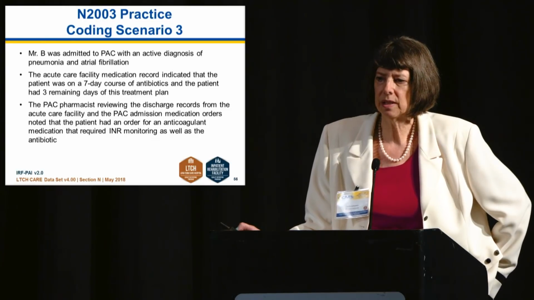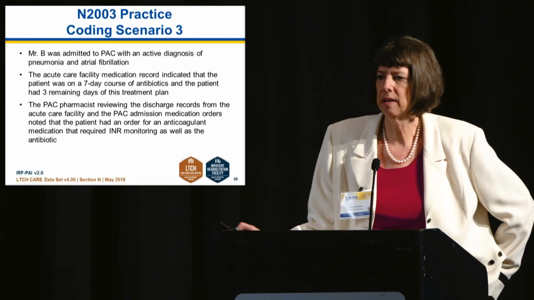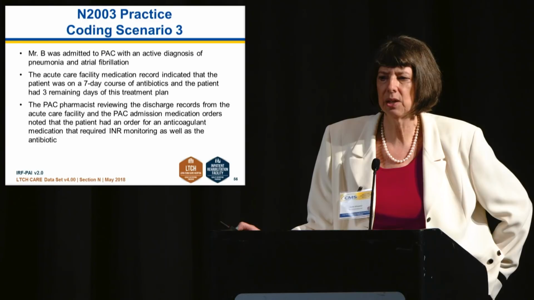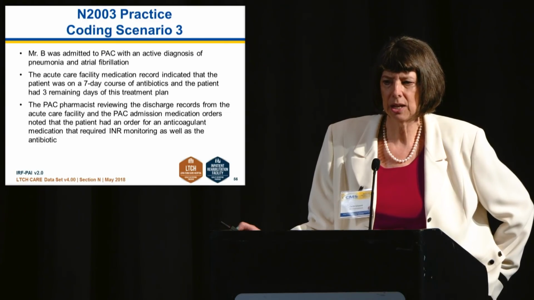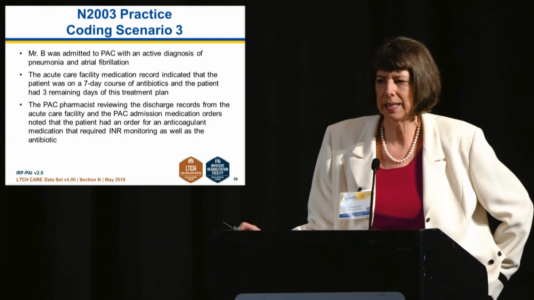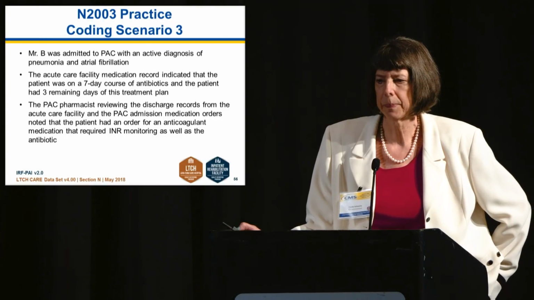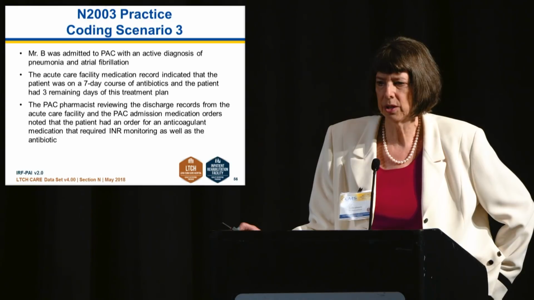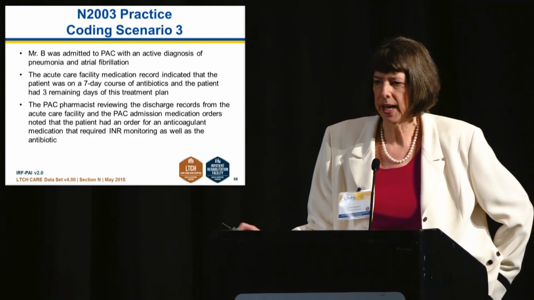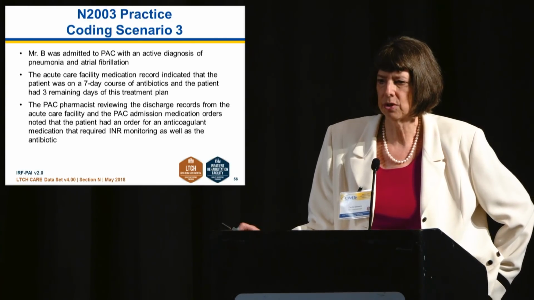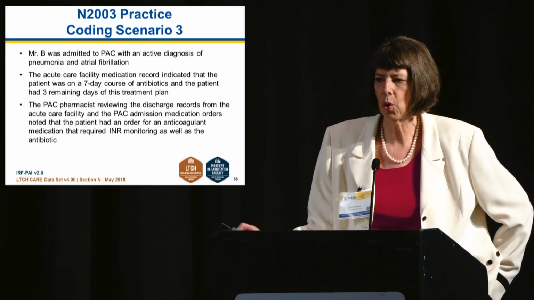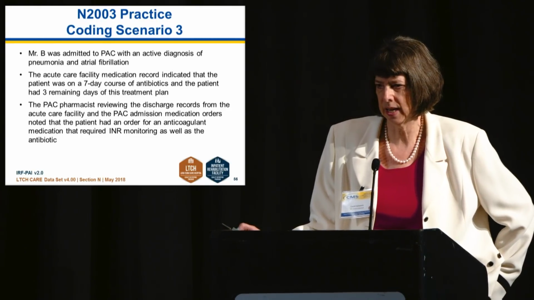The acute care facility medication record indicated that the patient was on a 7-day course of antibiotics, and the patient had 3 remaining days of this treatment plan. The PAC pharmacist reviewing the discharge record from the acute care facility and the PAC admission medication orders noted that the patient had an order for an anticoagulant medication that required INR monitoring as well as the antibiotic.